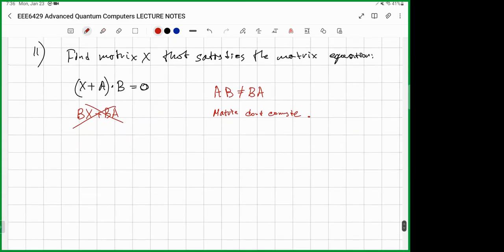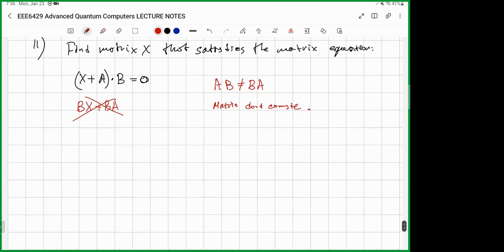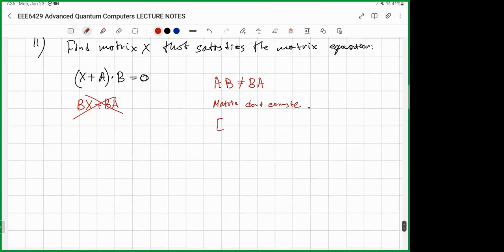And actually for the following course, we even introduce this commutator. We denote it by a square bracket, then A, comma B, and this is equal to operator or matrix A times operator or matrix B minus operator or matrix B times operator or matrix A. So this is the commutator.